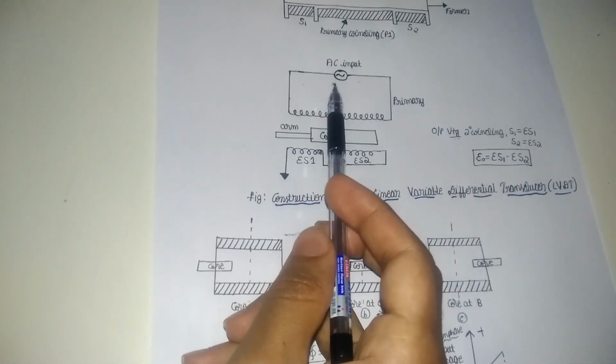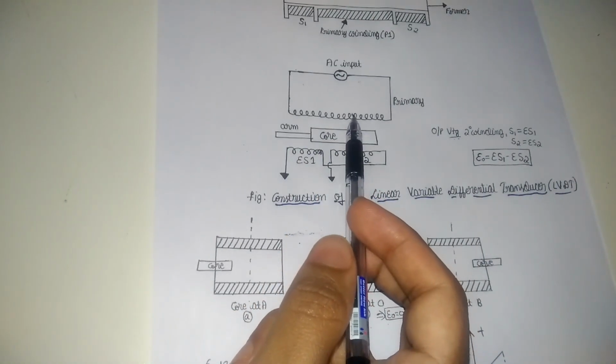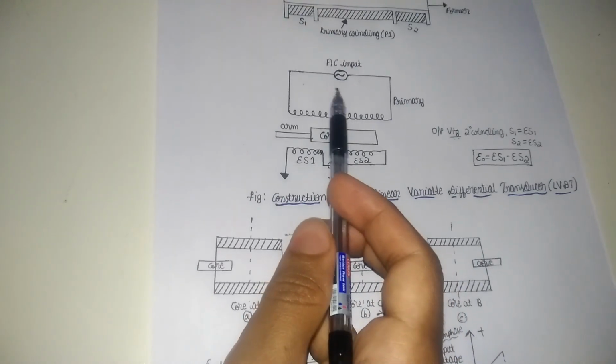The frequency of the alternating current applied to the primary winding ranges from 50 hertz to 20 kilohertz.